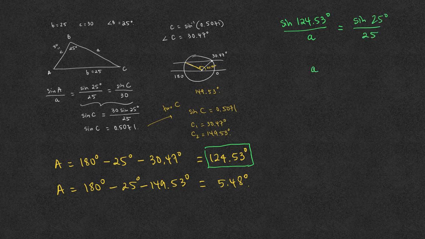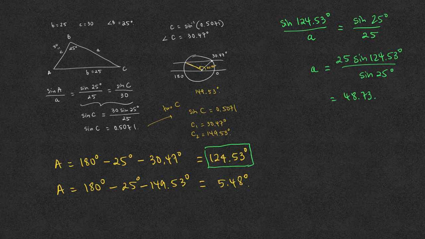And we will be able to find a this way. a is 25 times sine of 124.53 degrees over sine of 25 degrees. We then plug this into a calculator and get 48.73. This is the length of the side that is opposite to A.